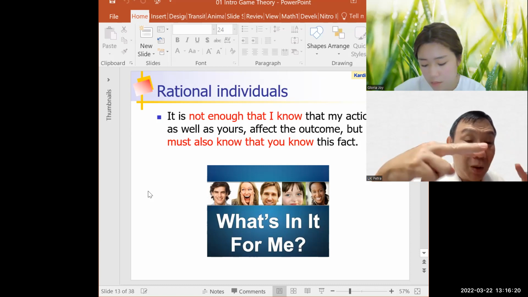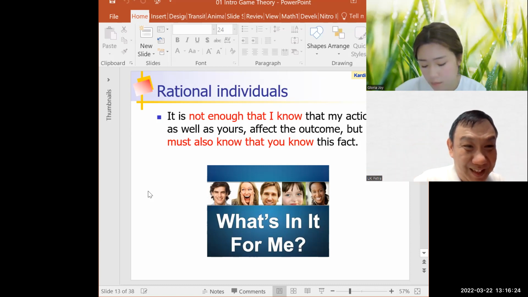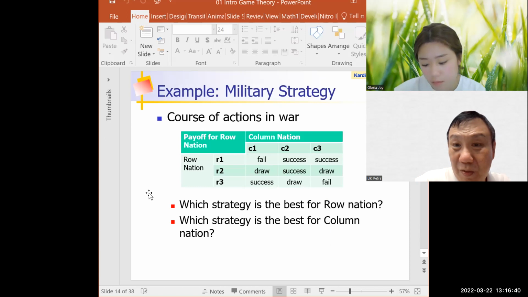Two players both must know the same information. Okay? So this is the basic assumption of game theory. If you have different information, then totally we cannot calculate. Okay? So this is the basic assumption that we need.